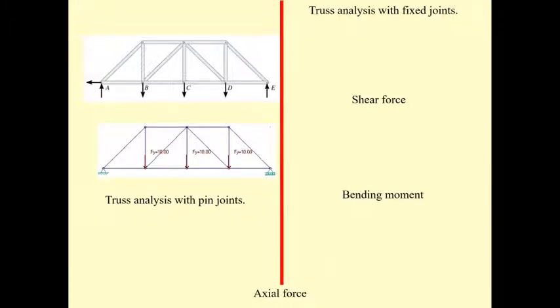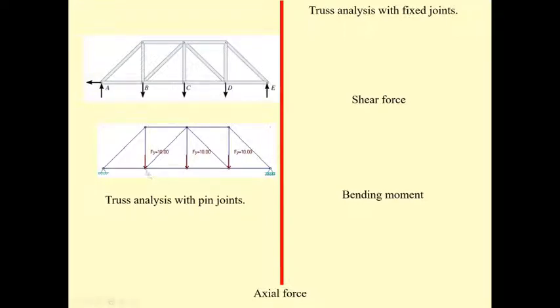Next slide, we're going to compare the result of the truss analysis with pin joints, as the first assumption, and the truss analysis with fixed joints. Okay, the same truss, but we use a computer program to analyze it.